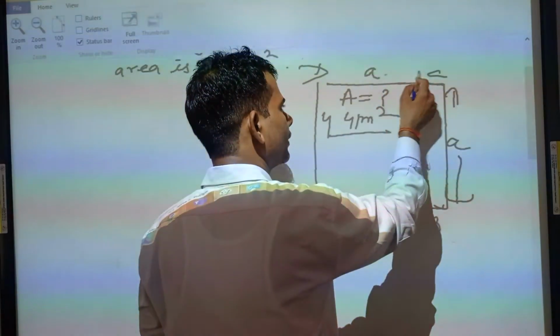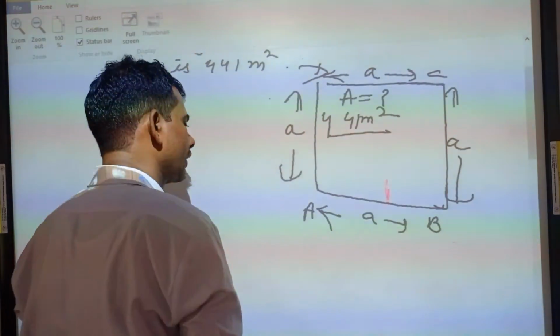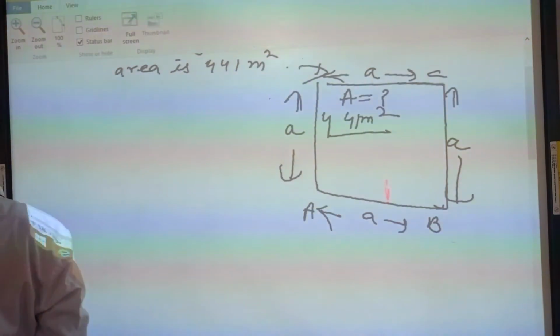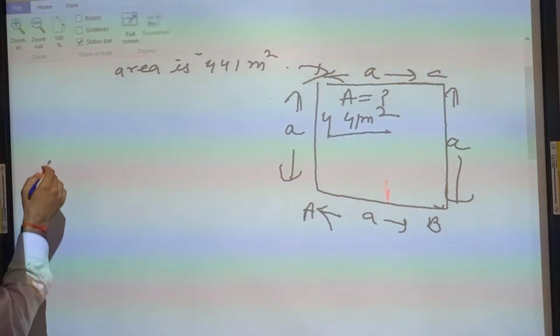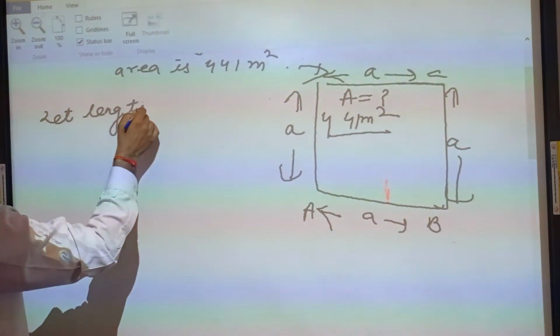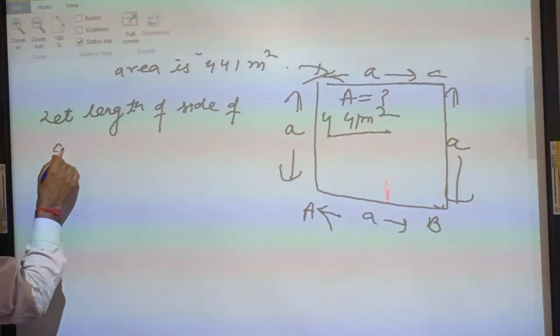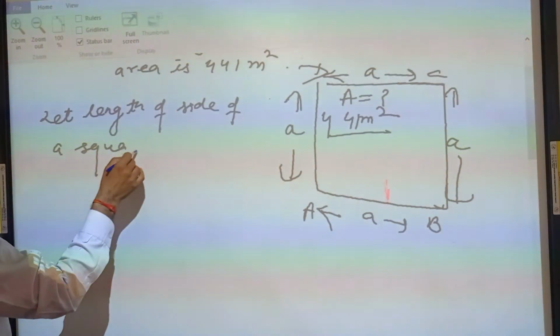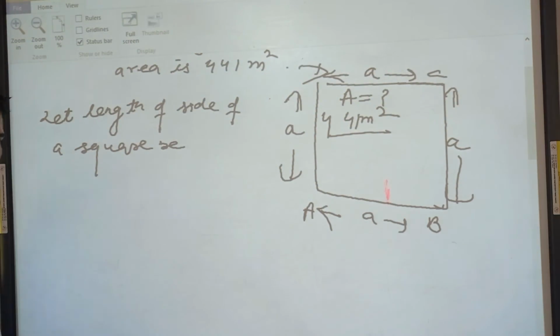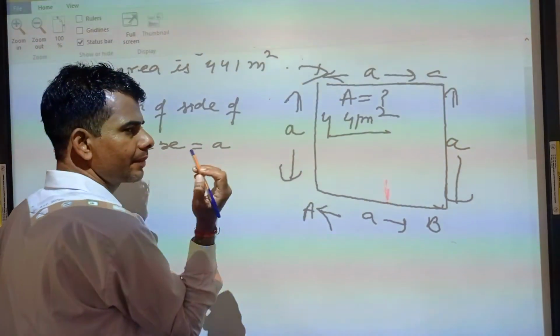Let the length of the side of a square be a meter.